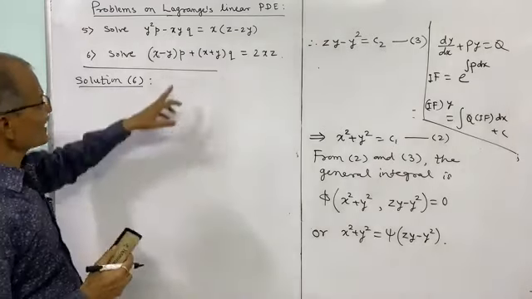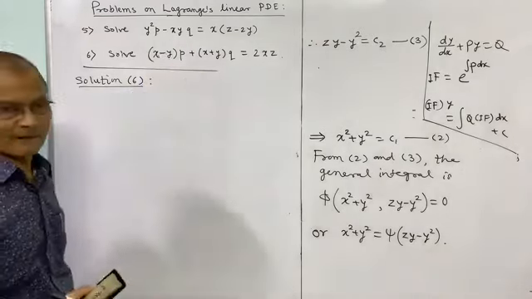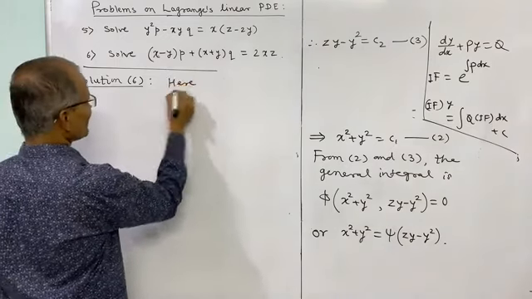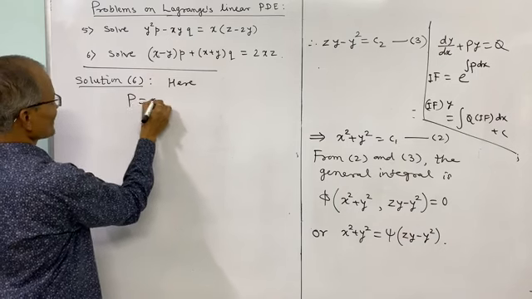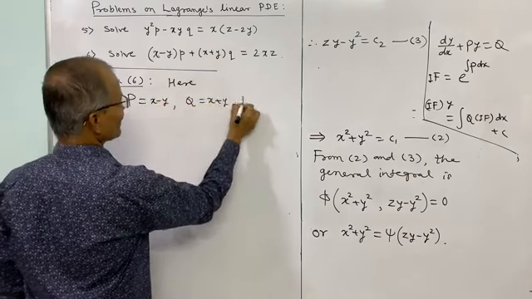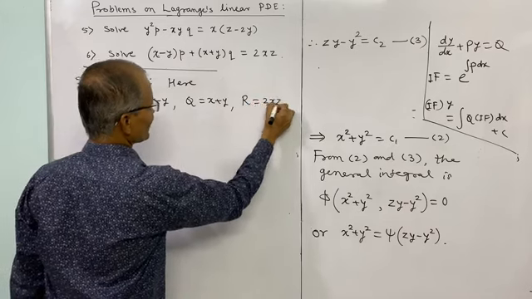So we shall write directly the Lagrange's auxiliary equations. Here what is P? Capital P is x minus y, capital Q is x plus y, and capital R is 2xz.